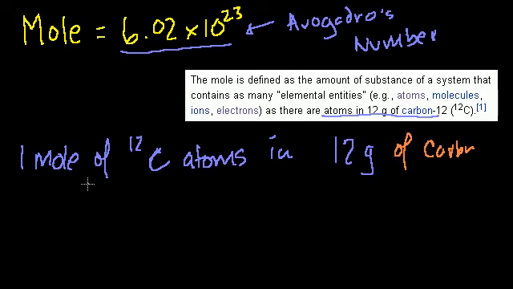And so that's why a mole is useful. Instead of writing 1 mole, I could have written 6.02 times 10 to the 23 carbon-12 atoms in 12 grams of carbon.